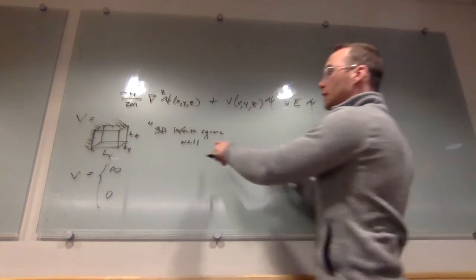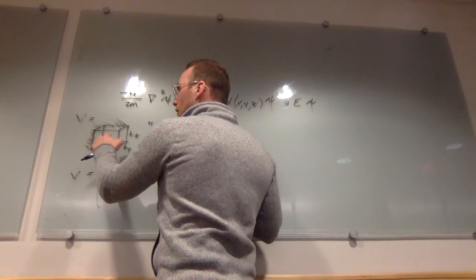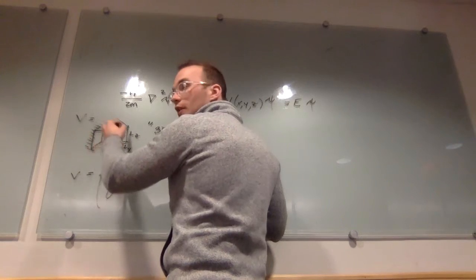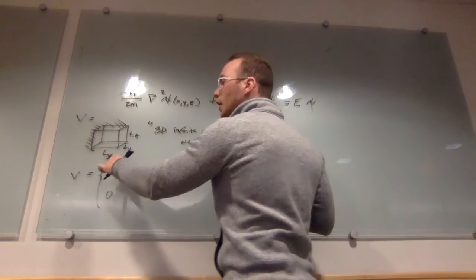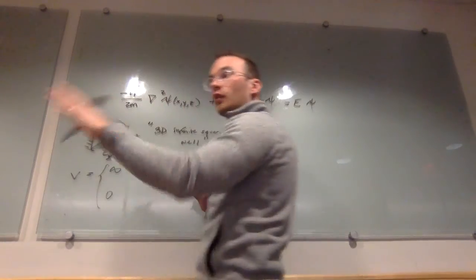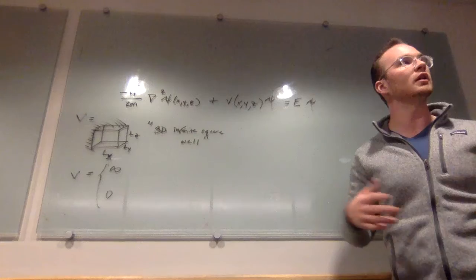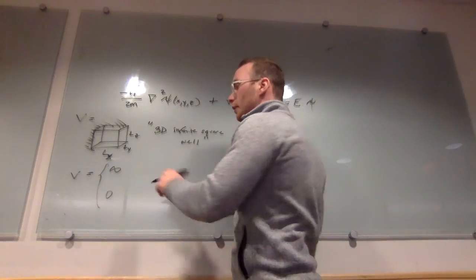The problem is a 3D infinite square well, or infinite quantum well, whatever. They could draw it where they said the wave function is only allowed to be in this cube, where, that's not a cube, sorry, it's a box with 3 different lengths in general. In the problem they give you the actual numbers. As usual, that's not going to be interesting, so we're going to have to leave the variables here.